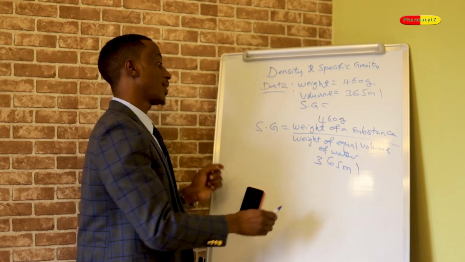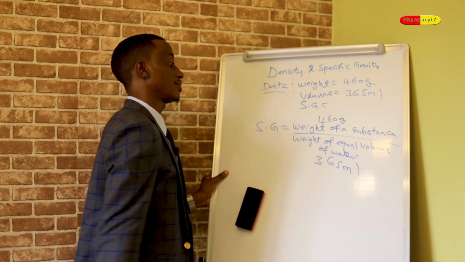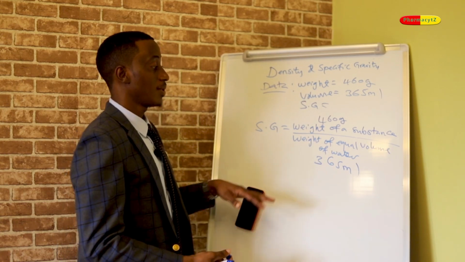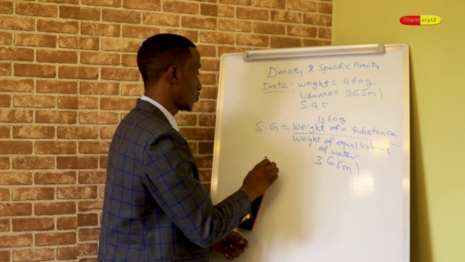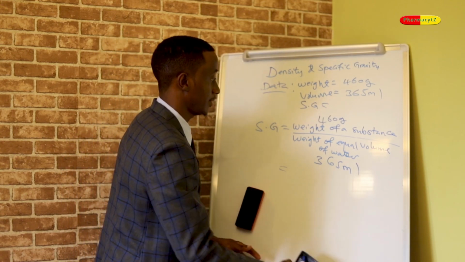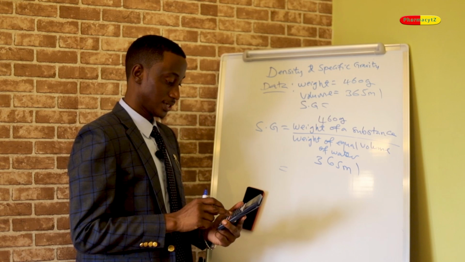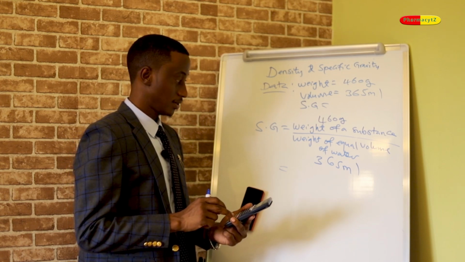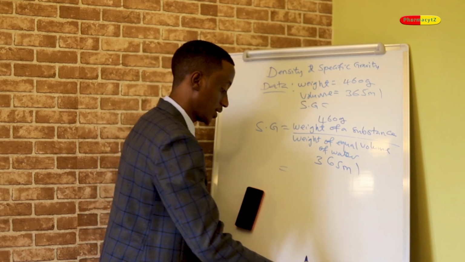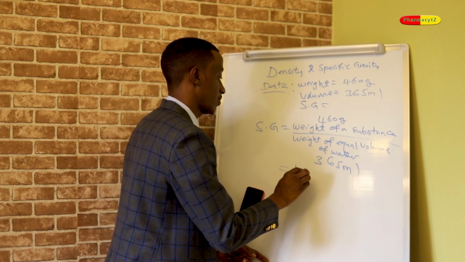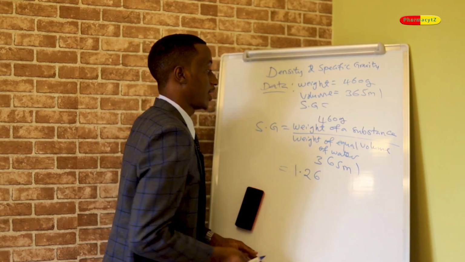Now you may wonder that this is weight, then that unit is in mils, but mind you that this is the weight of equal volume. If you divide here, then this is 460 divided by 365, and that is 1.26.